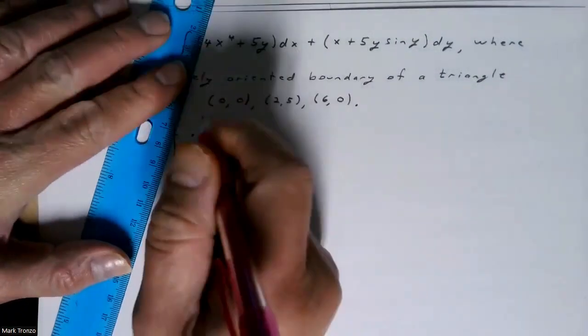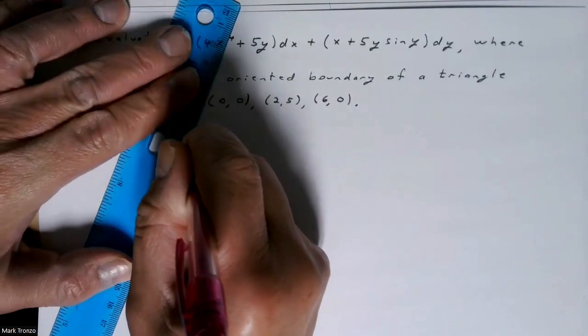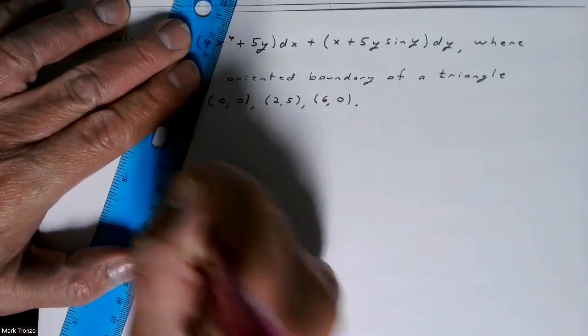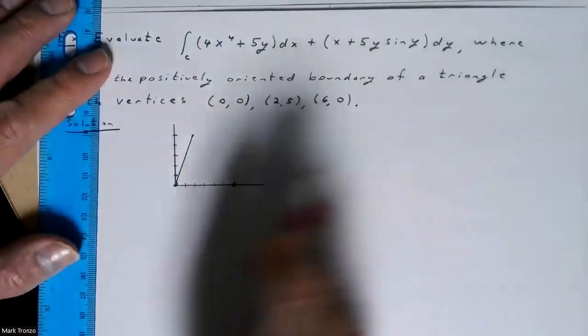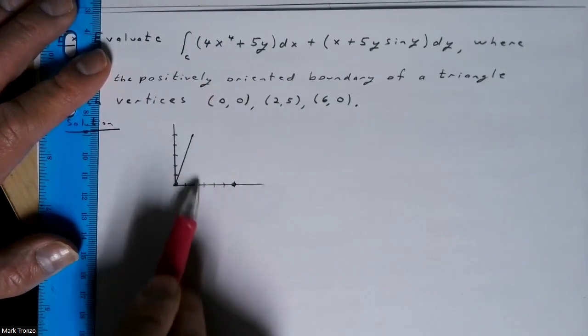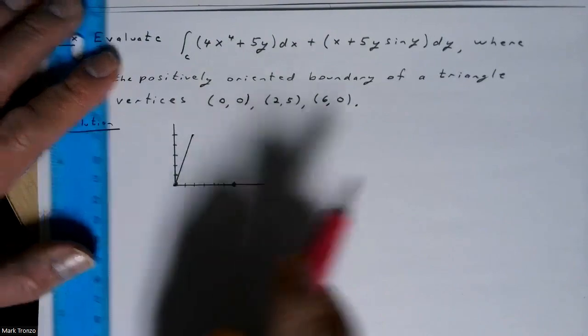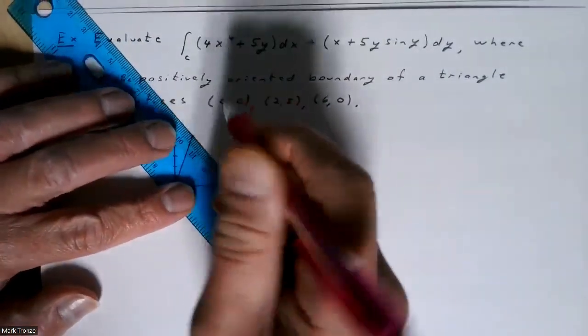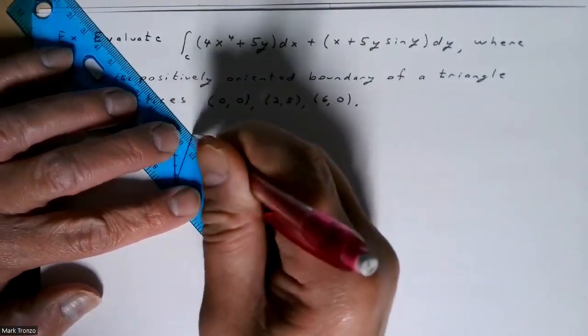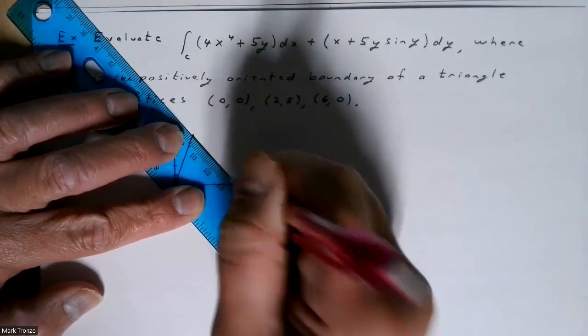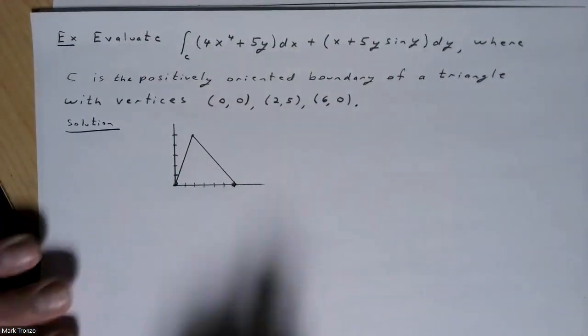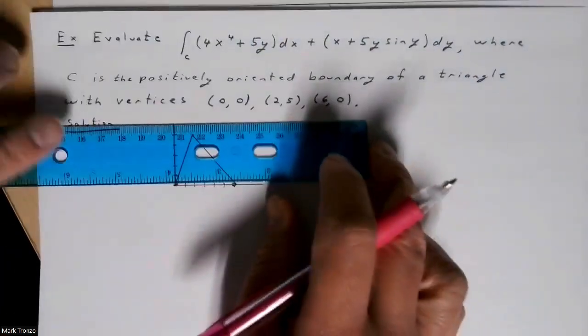So it looks like we have a triangle. Again, 0, 0, 2, 5, 6, 0. Looks like we have a triangle something like this.